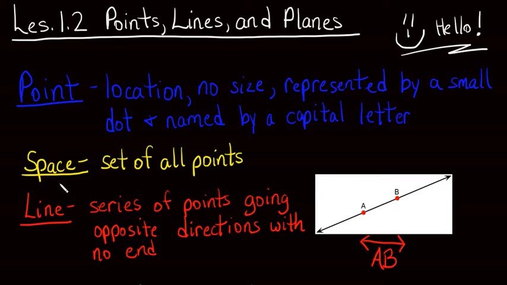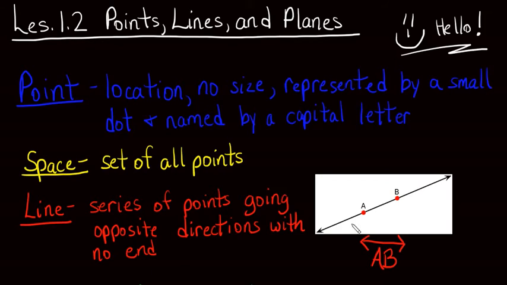Now, when you hear the word space, all that means is the set of all points. And remember, you need to be writing this down so you have it in your notes and you start getting it in your memory. Another word that you'll hear a lot in geometry is a line. The definition of that is a series of points going opposite directions with no end.